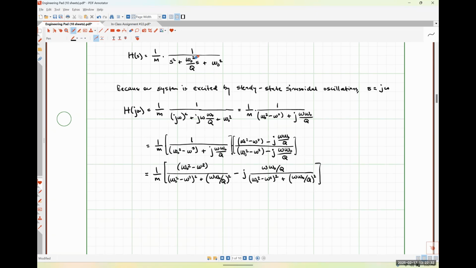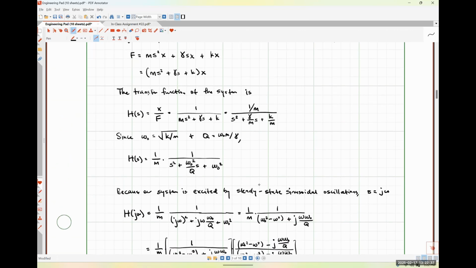Let me look back. I feel like I shouldn't have squared that, but I just want to double check here. So let me sort this out really quickly. Q is equal to omega naught m over gamma, which means 1 over Q is equal to gamma over omega naught m.